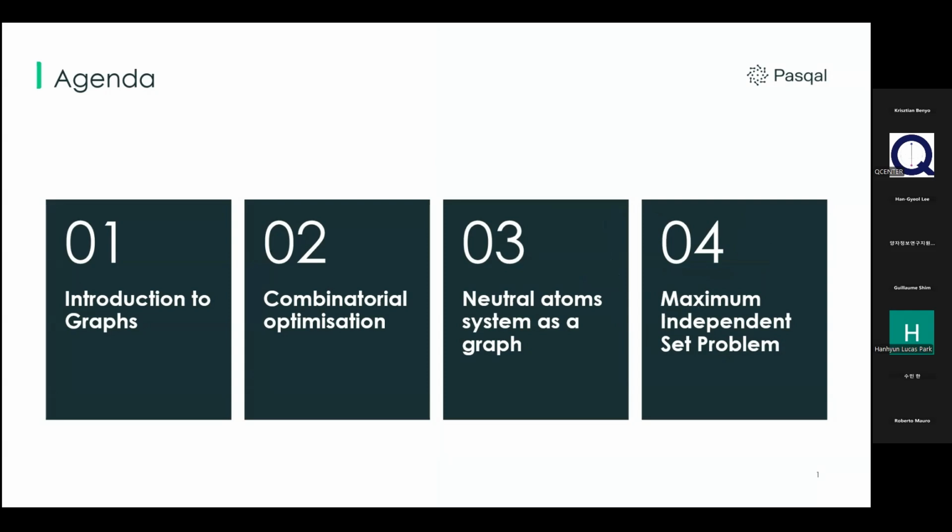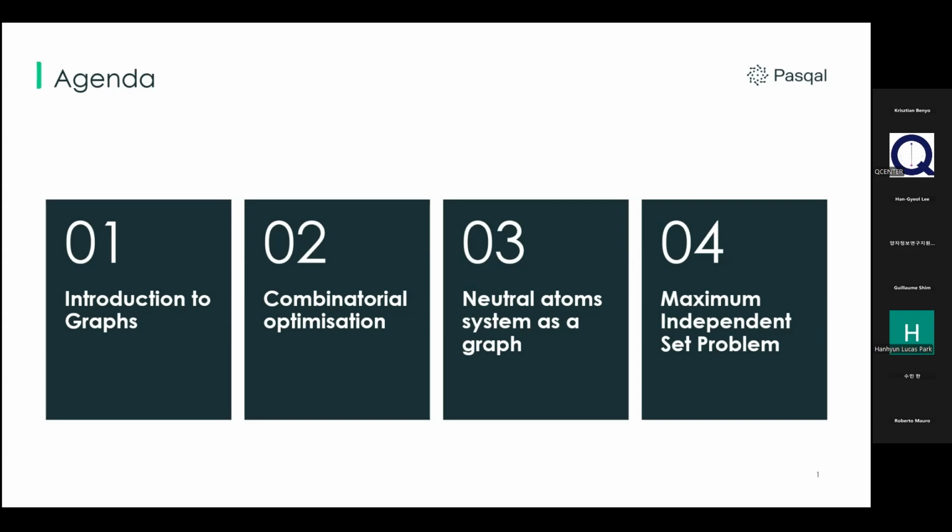Then we will go through a set of combinatorial optimization problems and the types of problems that people typically look at when they tackle implementations, especially early on implementations with quantum computers.